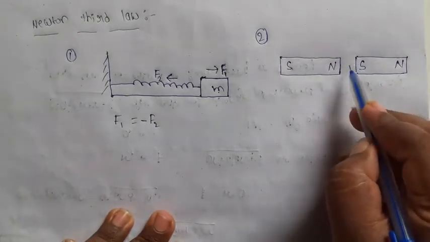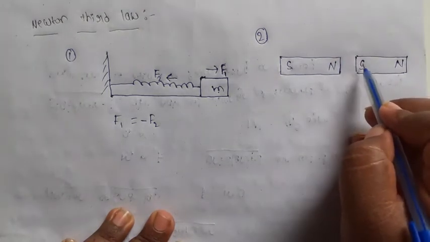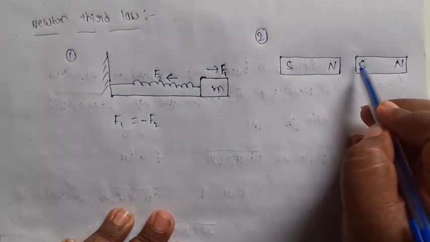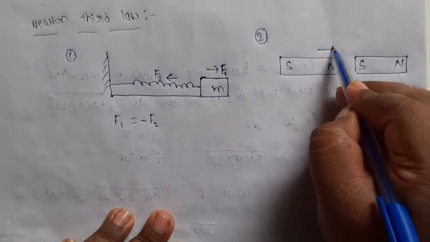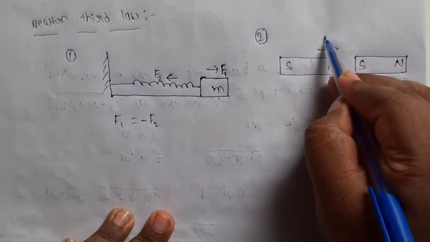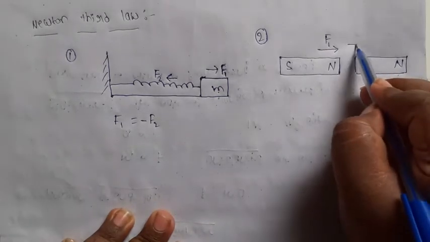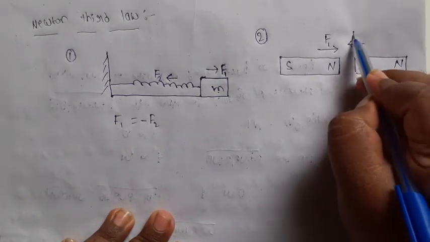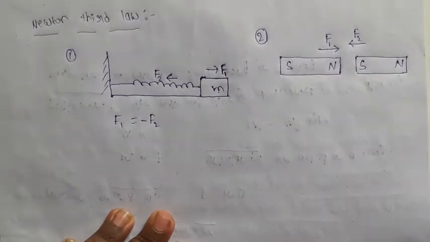If two unlike poles are brought together, what happens? They attract each other. So when you bring these two magnets together, they attract each other. This magnet comes towards the other magnet with force F1. Similarly, the other magnet also moves toward the first magnet with force F2.